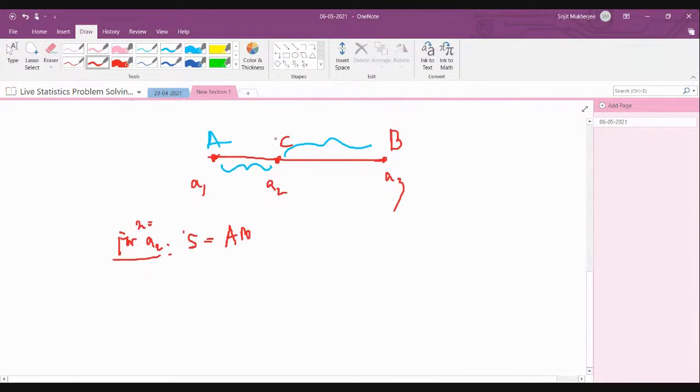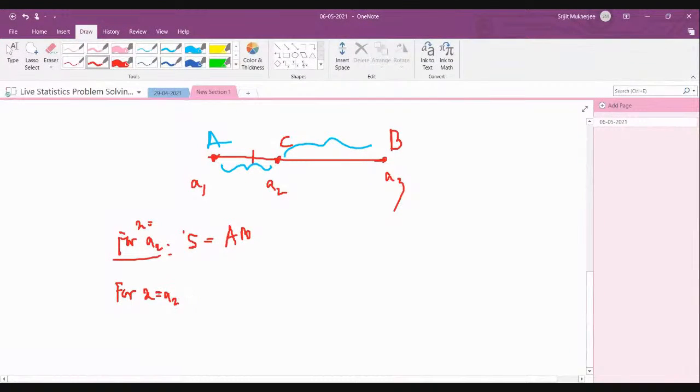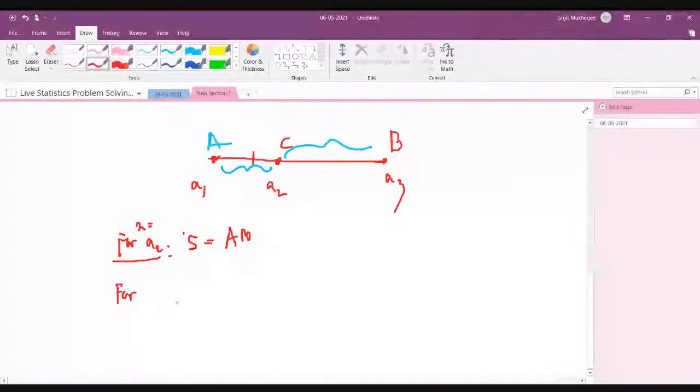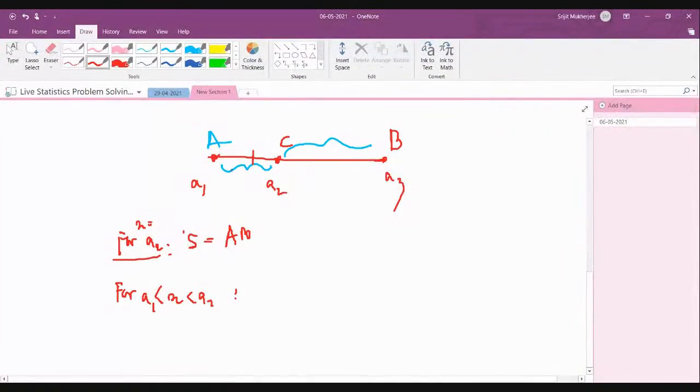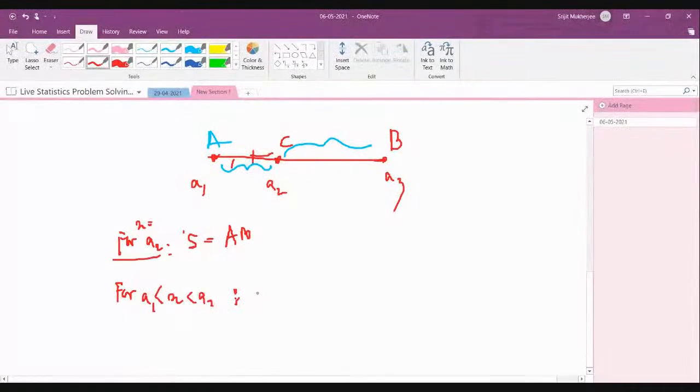Now we will understand for x not equal to a2, for x lying between a1 and a2, what is really happening? It's happening that this sum plus this sum, let's say alpha, beta, and here it's gamma.